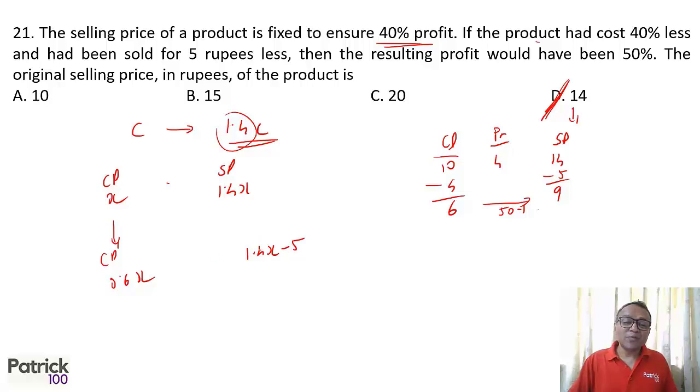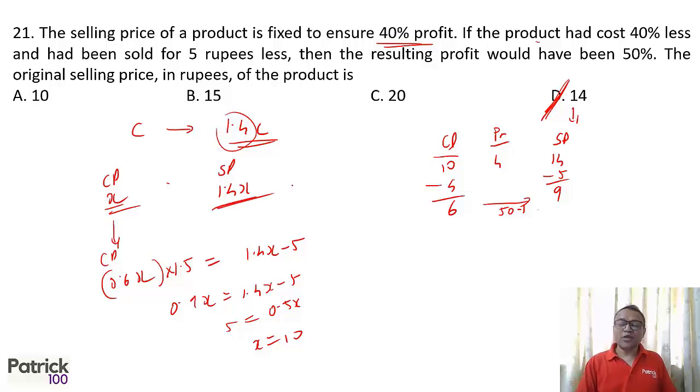And you say 50% profit, that means the selling price is 1.5 times the cost price. Solve this, you will get the answer. So 0.9X is equal to 1.4X minus 5. So you'll get 0.5X is equal to 5, or X is equal to 10. So that is the cost price, so the selling price will become 40.